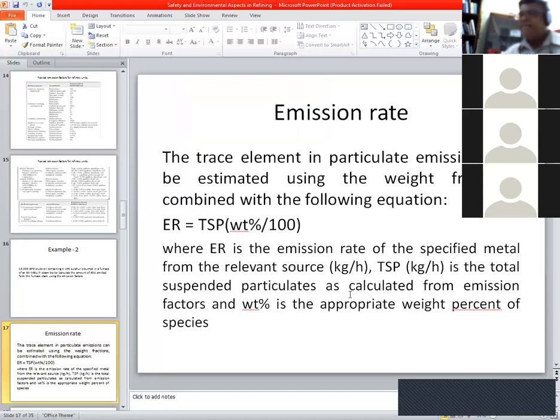Now, TSP is calculated from the emission factor and the weight percentage of the appropriate species.